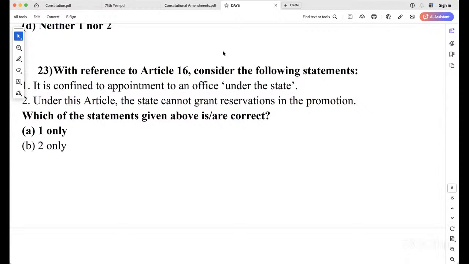With reference to Article 16, consider the following statements. It is confined to appointment to an office under the state.